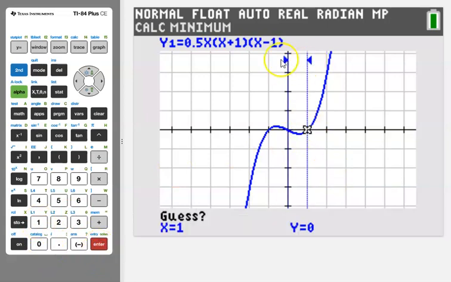And now you see the arrows are pointing at each other, and they're saying this minimum is somewhere between these two triangles. So when you type enter, it's going to tell you the minimum value. So again, the minimum value is here on the right, negative 0.192, and it happens at x equals 0.577.